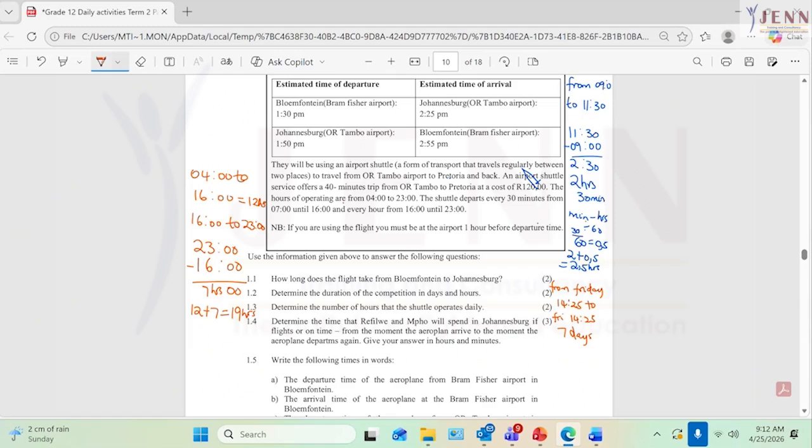Now from Friday to Saturday before they leave, I'm going to start counting again from Friday 25 past 2 until the departure time at Saturday 10 to 2.